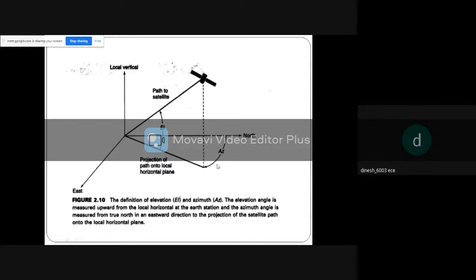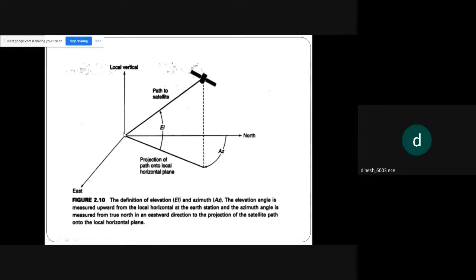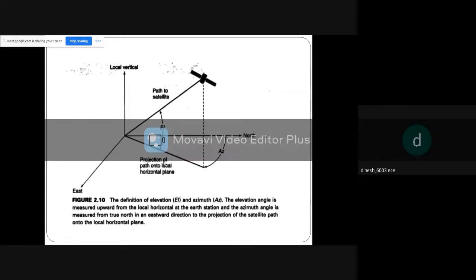The angle created from the north direction, which is 0 degrees, to this horizontal projection is called the azimuth angle.